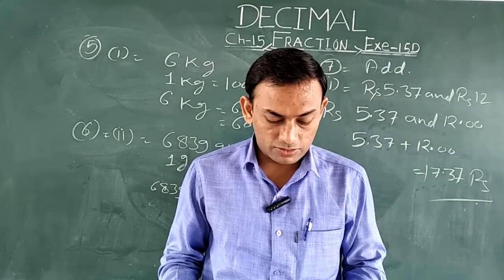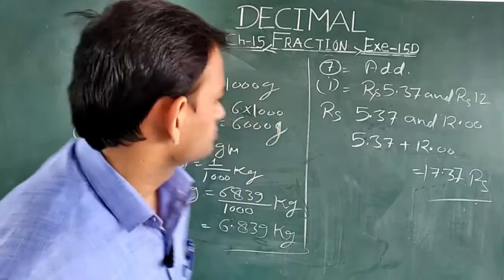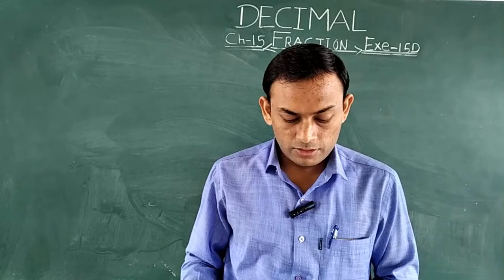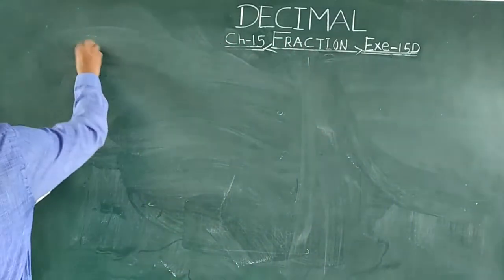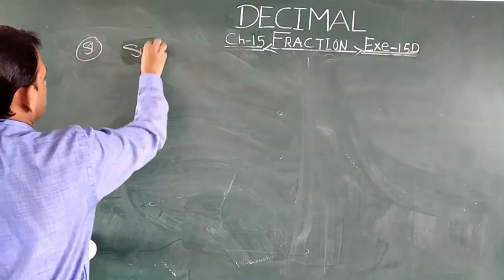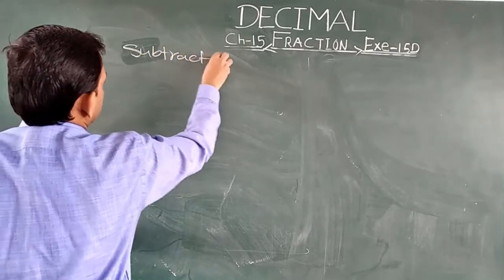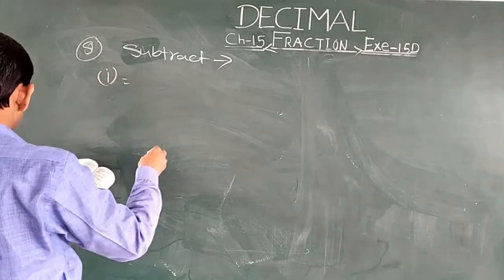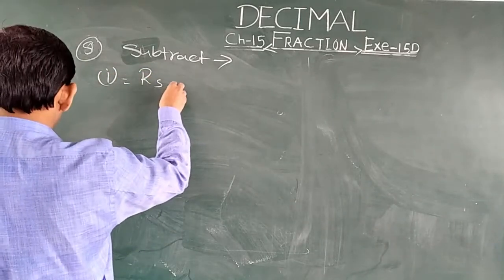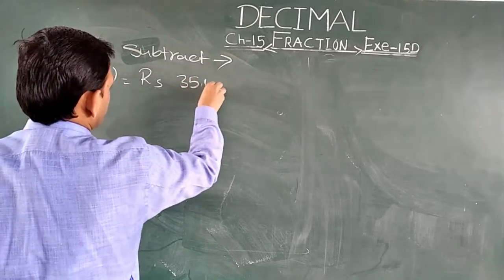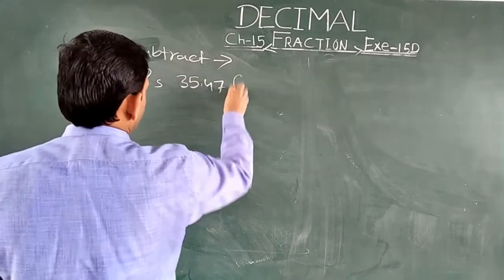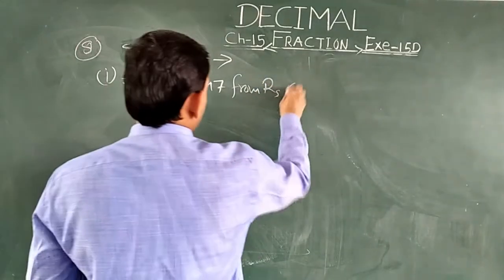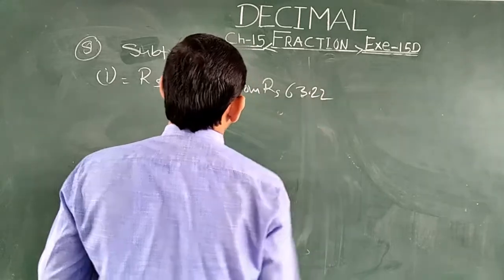The same questions are there. Now question number 8 I am telling you. In question number 8 you have to subtract the values. The first part of this question: rupees 35.47 from rupees 63.22.